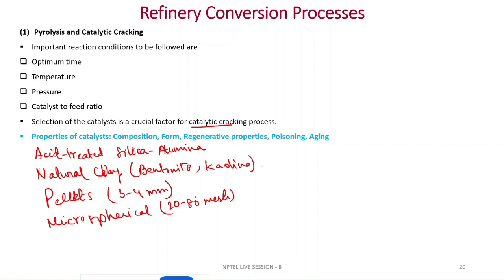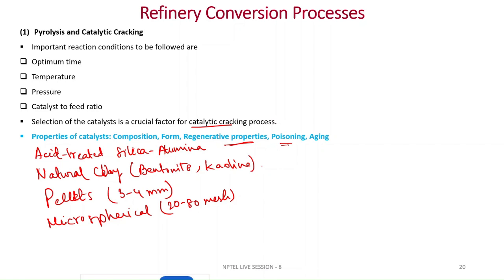Talking about the regenerative properties, these regenerative properties must be very high, that is desirable, and we can use reheating using CO2 or carbon monoxide for better heat control in the reactor.